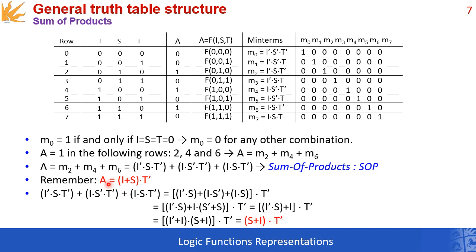So, as you've seen in this example, the sum of products is equivalent to the original alarm function you were given. And this is a methodological approach on how to construct a general truth table, which always gives you the Boolean function that you want, in a form that we call sum of products.